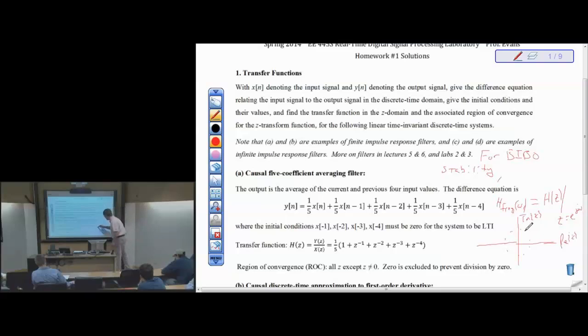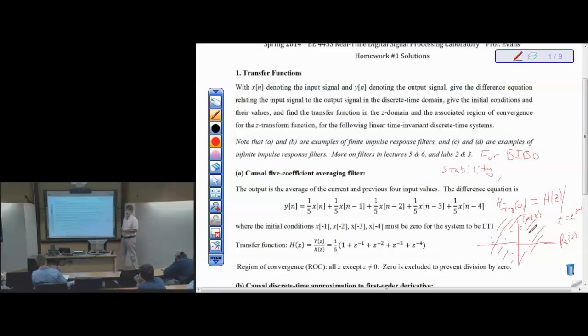And if this is the region of convergence, which is outside of this circle, that's the causal inverse. And if the region of convergence includes the unit circle, then I know I'm BIBO stable, and I know that I can convert that Z transform to a frequency response.